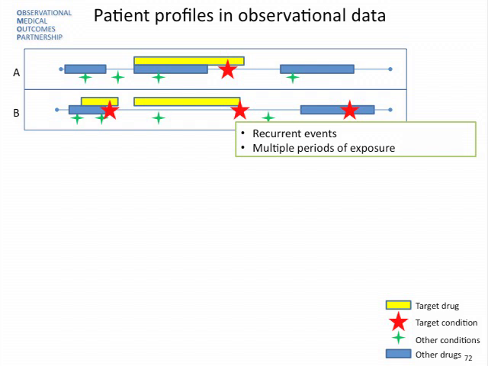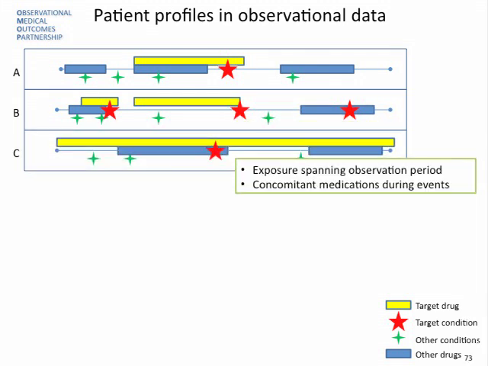Patient B is slightly different, just as an example, where they've experienced the target condition or the HOI three times during the course of our follow-up, but they also have other conditions, they also have other drugs, and they have 2 periods of exposure of interest to us, at least in a particular study.